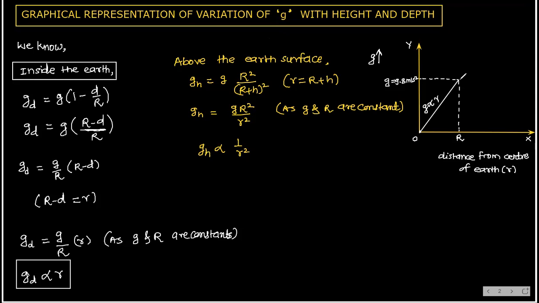So how is the graph from here? It will decrease like this. Understood my point? Is that clear? So like this it is decreasing, and that's why here g is inversely proportional to r square.